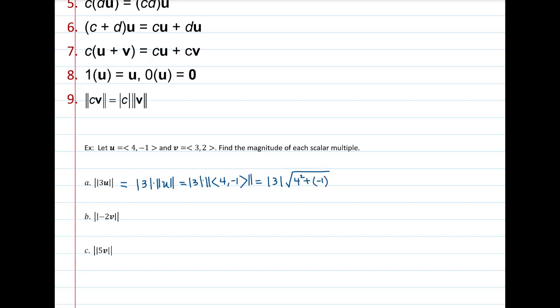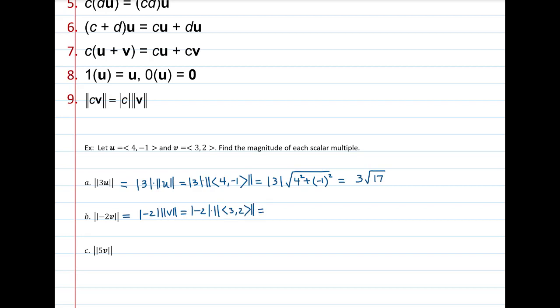Because magnitude, remember from the definition, is the length of that ray, we're not going to have a negative magnitude. That wouldn't make any sense since we're talking about length. So that scalar has to be in an absolute value, like on this second one here, right? Even though we have negative 2v, the rule says you take negative 2 in an absolute value, which is ultimately going to be equal to 2 times the magnitude of v.